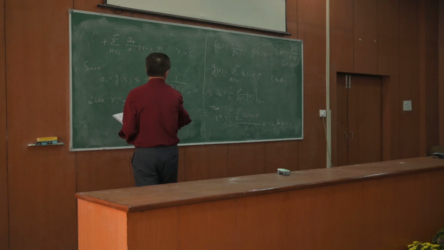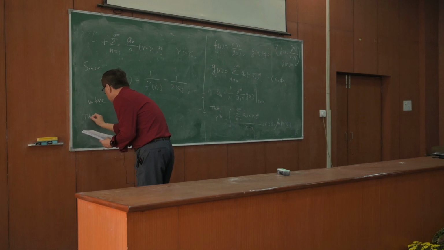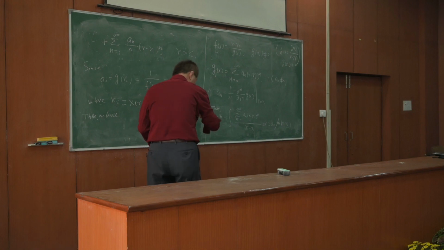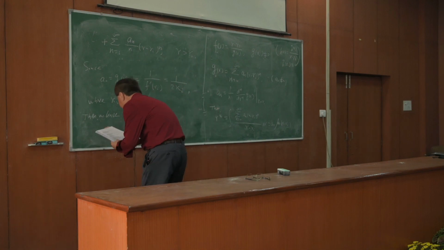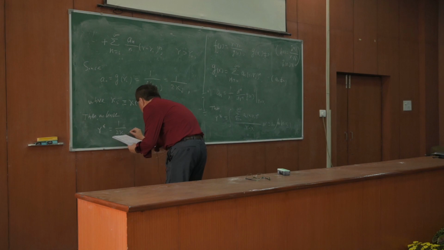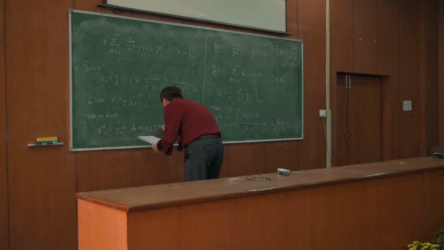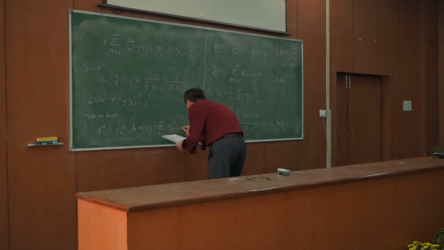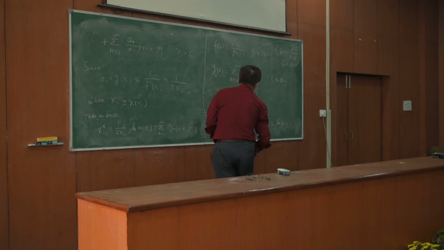So then you can say we have 2 kappa I of R minus Ri plus sigma n equals 1 to infinity A n I R minus Ri. Let's call this equation 3.